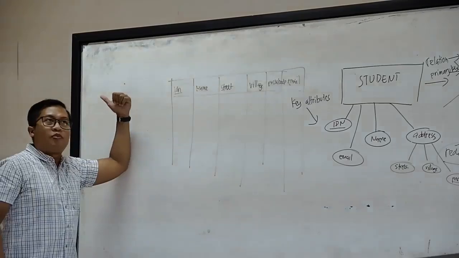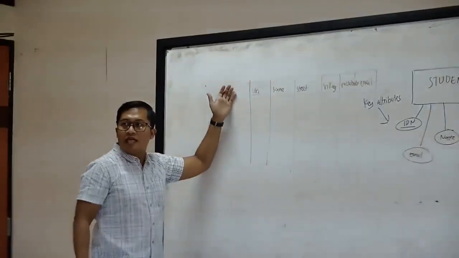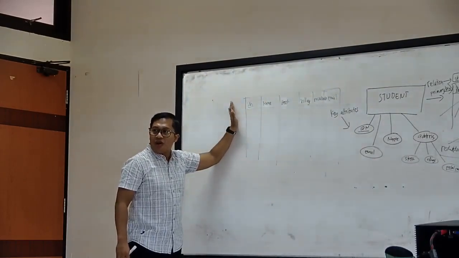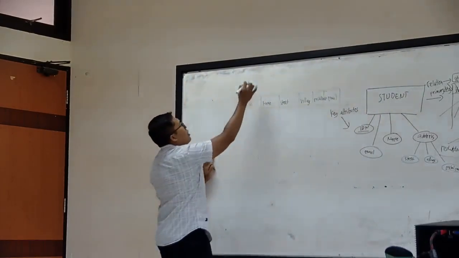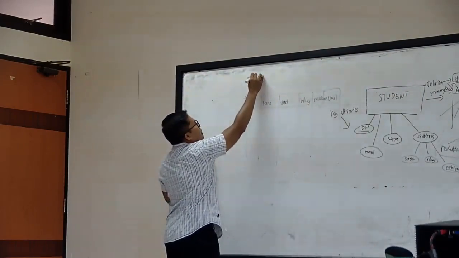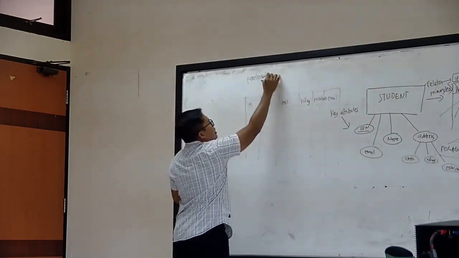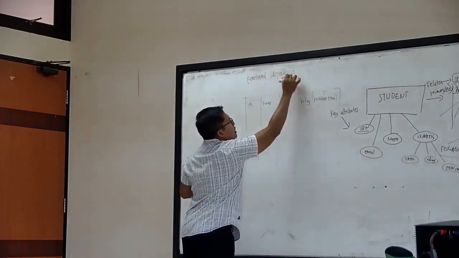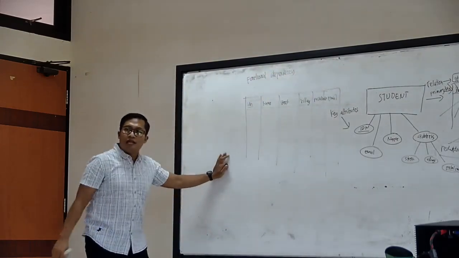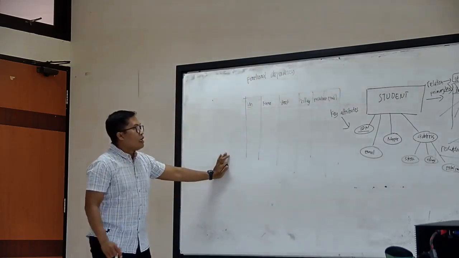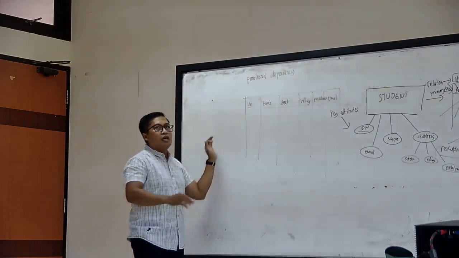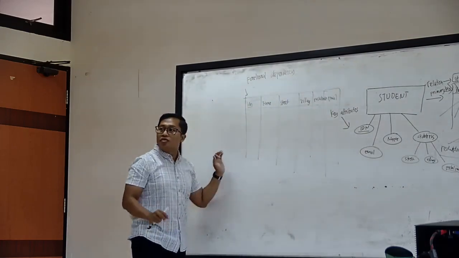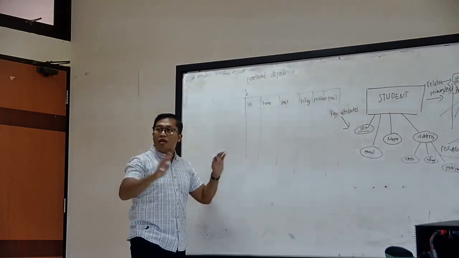In the decomposition process, we need to know a new term again. It's called functional dependency. I will explain it next. But for example, I will try to break or decompose this table into two tables. Why do we need to decompose it?